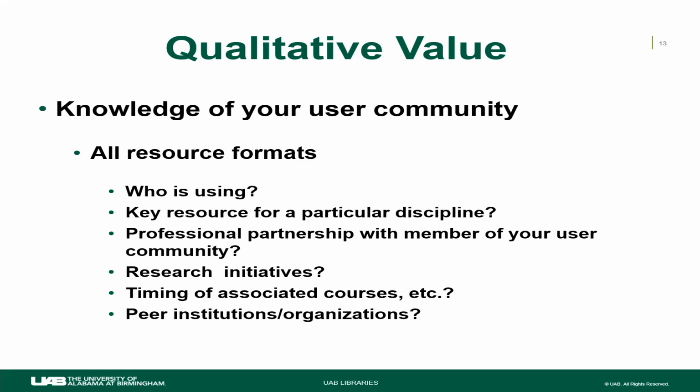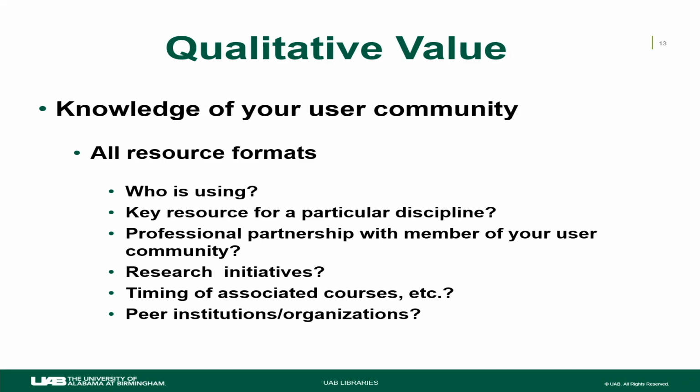And then two, what is the professional partnership with your faculty or the chair or your user community? Is this something that you have a personal, and what I mean by that is the chair is the editor. UAB began this publication 20 years ago and then passed it forward to somebody else.